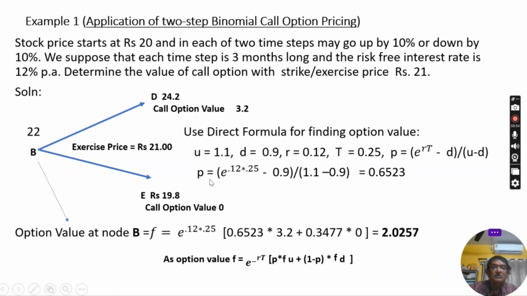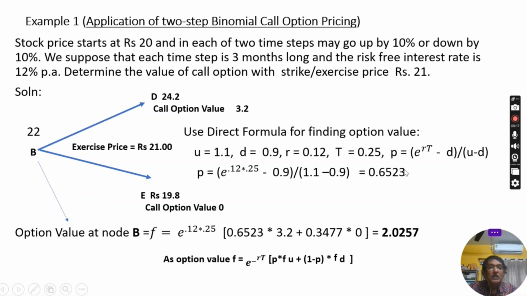Again I am computing this. P is equal to e to the power 0.12, the value of R, times T which is 0.25, as shown here, minus 0.9, the down factor, divided by the up factor 1.1 minus 0.9, U minus D, and if you calculate this, then you will get this probability.